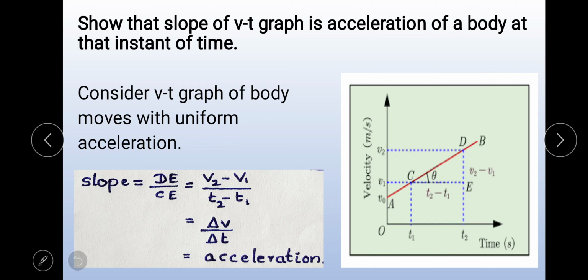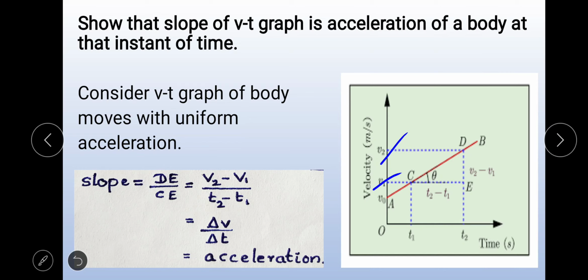So here what is given? Slope. So calculate the slope here. Here a triangle is formed, that is DEC. Here V1 is the initial velocity of the body and V2 is the final velocity of the body at times T1 and T2 respectively. Hence slope equals DE by CE, where DE equals V2 minus V1 and CE equals T2 minus T1.